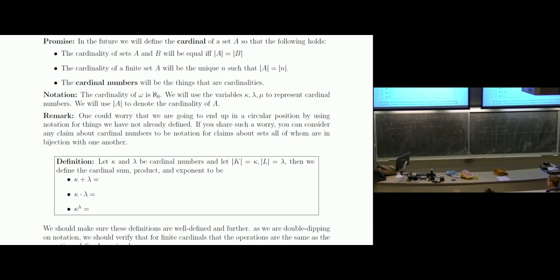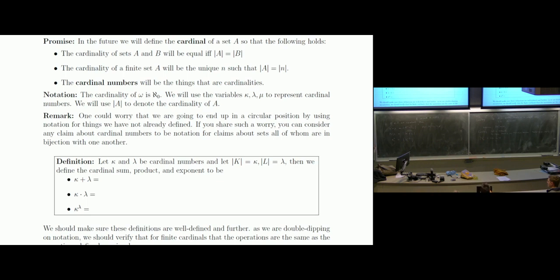It's the size of K to the L. So remember, K to the L is the set of functions from L to K. Now, it can take a while to check in your head that if these are finite, n and m, then this actually works, right? So n to the m is the number of ways of making m choices out of a set of size n, which is the number of functions from m to n.